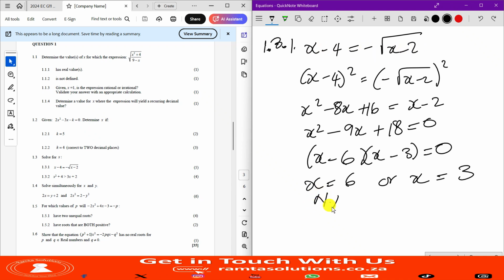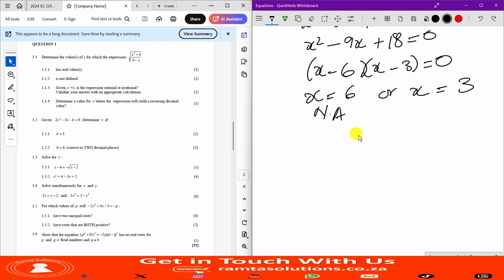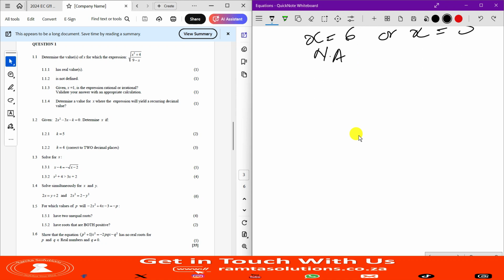Therefore, this one doesn't work. The one that's working is x equals 3. Happy? All right. Okay. Now, having said that, we can proceed now. Let's see. Now we're going to 1.3.2.